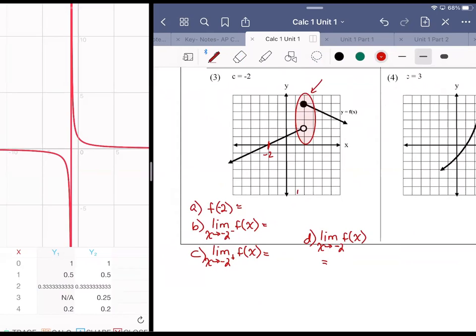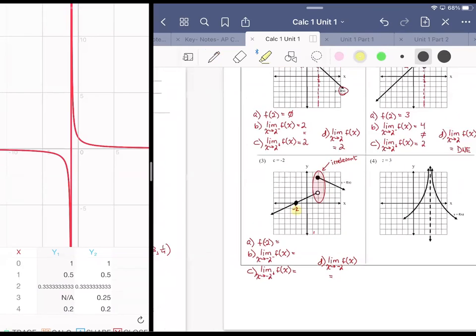So this is irrelevant because the point of interest is over here. We're interested in the x value as it's approaching -2, not +2.